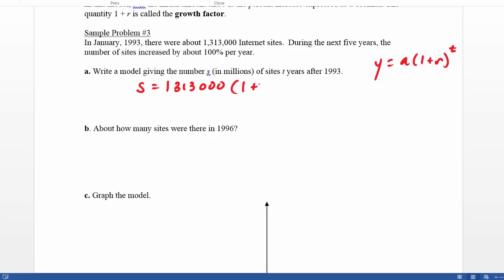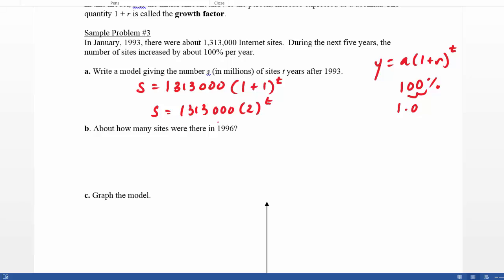We had 1 plus the rate. Now this can get a little tricky. 100% actually goes back to a decimal of 1.0. And so we're going to raise that to a t number of years. So our model looks like this.